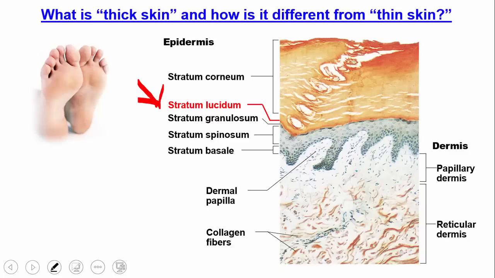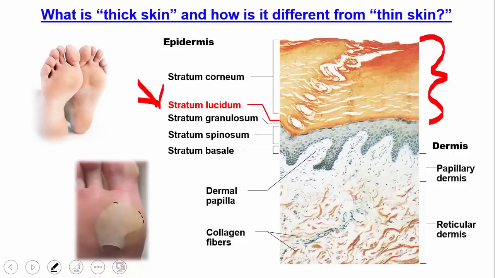And you'll notice that the stratum corneum, this top layer here, is much thicker than it was in the thin skin on the previous slide. So that's something that you'll notice, a difference there. Something else to point out, a side note but something important, is that a lot of times if people are playing athletics and they have a lot of rubbing between the soles of their feet and their shoes, or someone's running a marathon, they'll often get blisters right here, like you see on the bottom left.